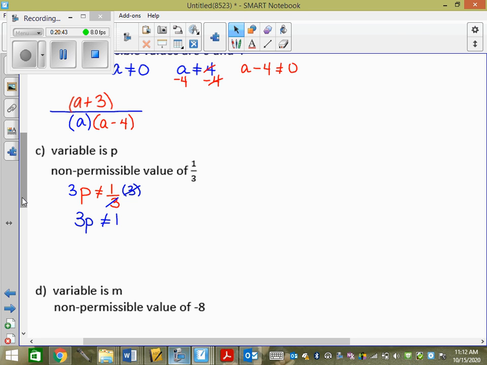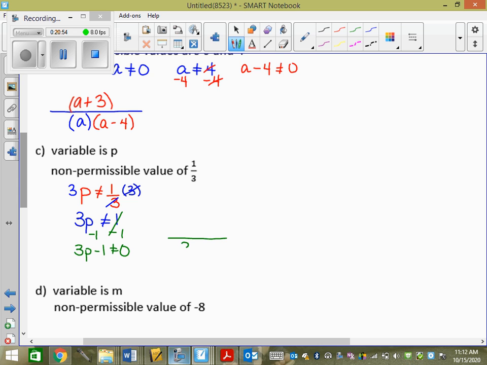And then I move the 1 over by subtracting it. 3p minus 1 cannot equal 0. So that's going to be my denominator. And my numerator could be just p if I wanted it to be, or p squared. Or 6.